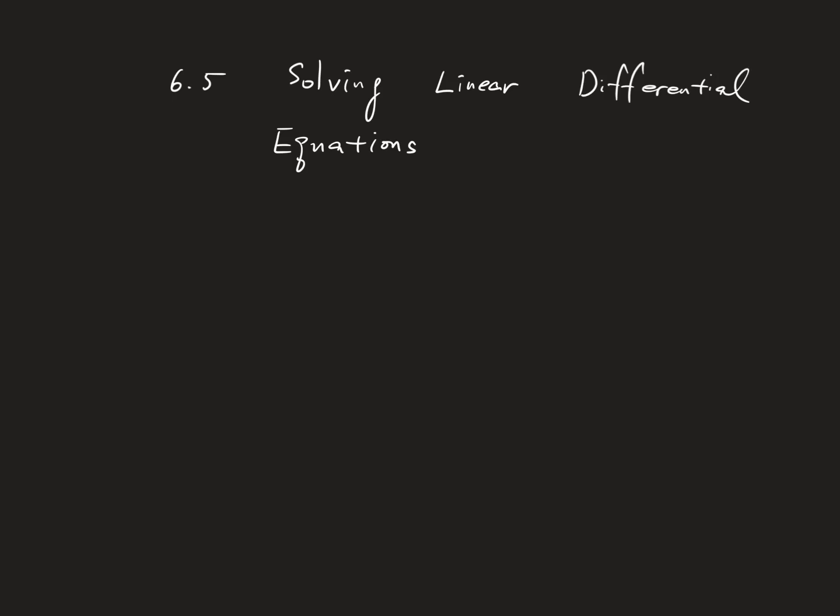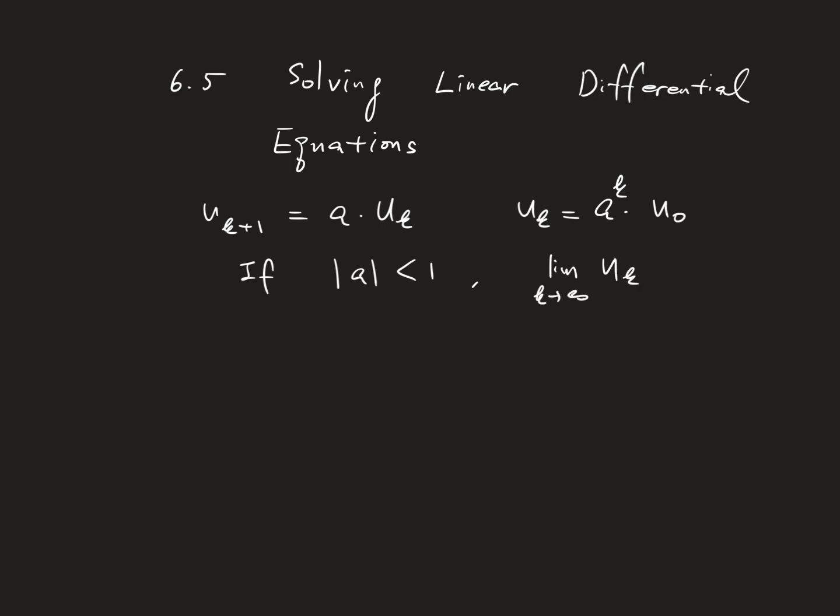We'll learn this sequence, and we know that this is a geometric sequence, and we know that u_k is equal to a to the k times u_0. If the absolute value of a is less than 1, then the limit as k goes to infinity of u_k will be 0.